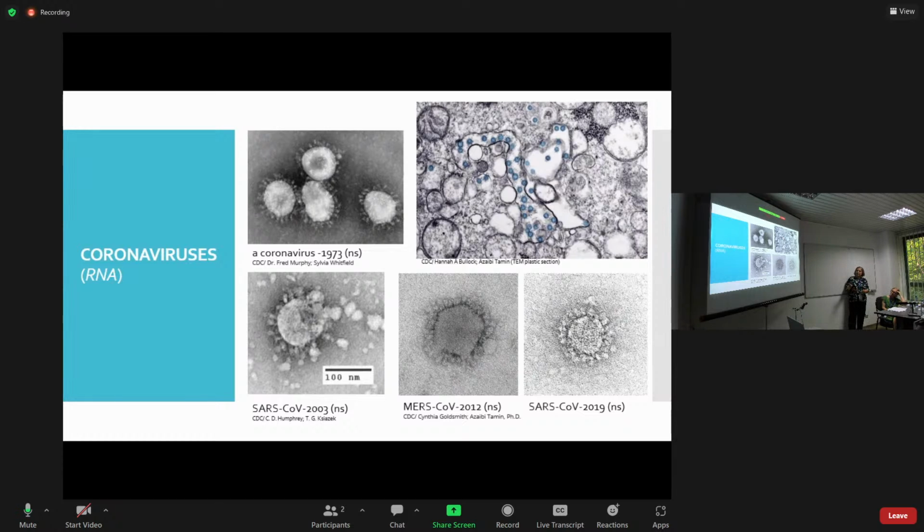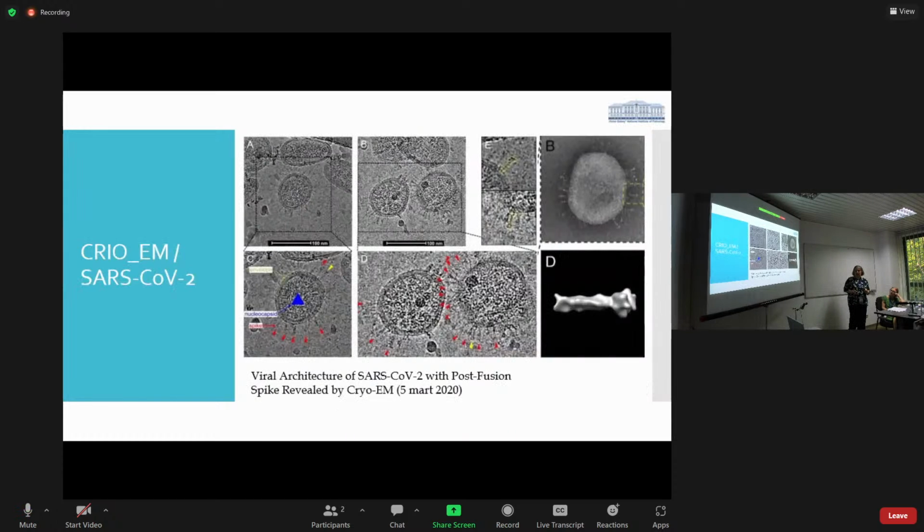In transmission electron microscopy of plastic sections, the corona glycoproteins are not visible, due to the processing of the cells for transmission electron microscopy.